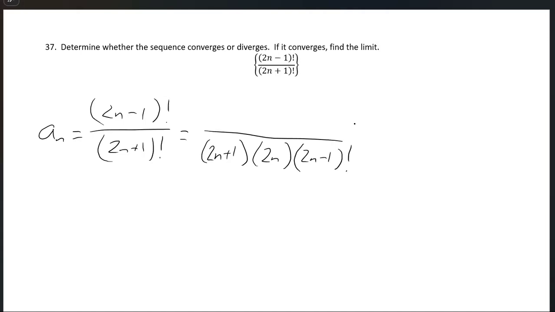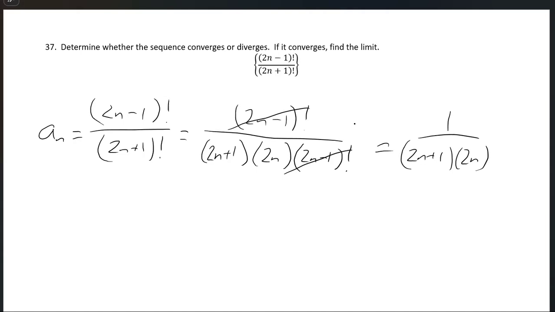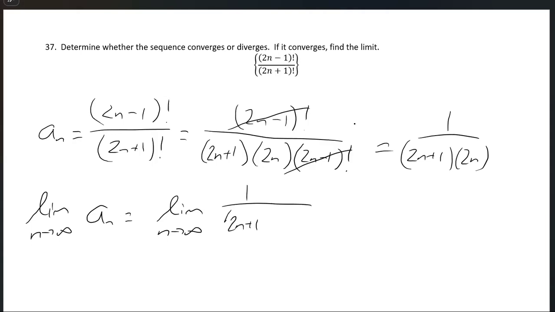Let's leave the factorial there because that's on the top. These cancel, so you're left with 1 over 2n plus 1 times 2n. This is equivalent to the guy we had in the beginning. So the limit as n goes to infinity of a sub n is the same thing as the limit as n goes to infinity of 1 over 2n plus 1 times 2n, which is equal to 0. The degree on the bottom is bigger.